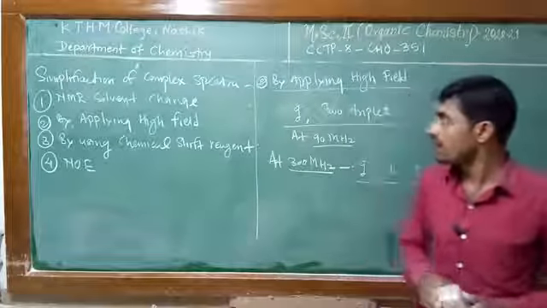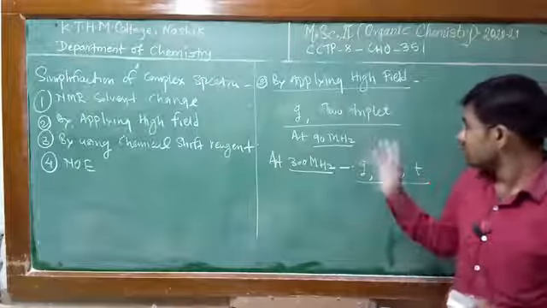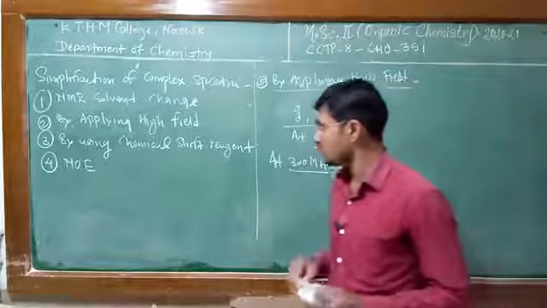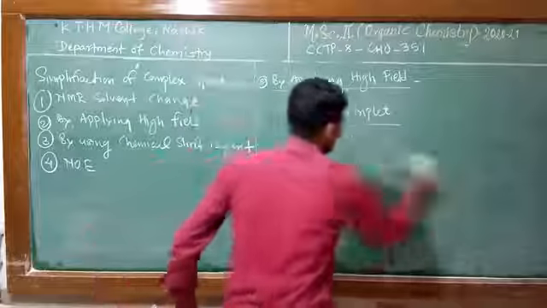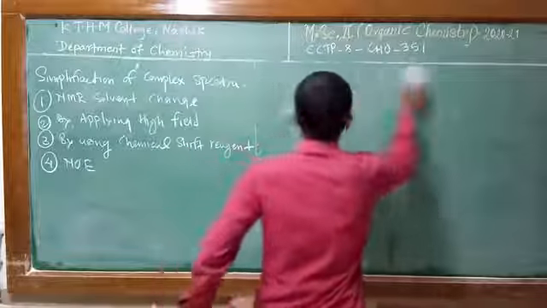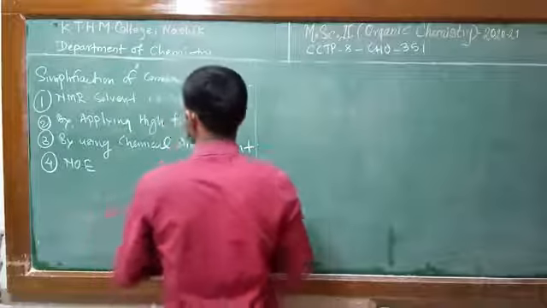So in this way, by applying the high magnetic field, we can simplify the complex spectra. Next is the third way, that is by using a chemical shift reagent.